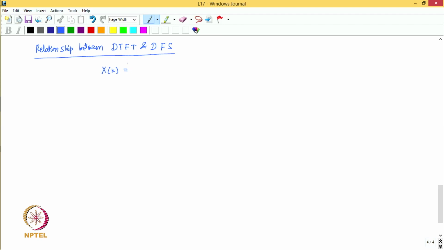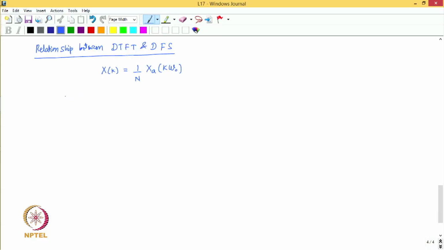This is based on the result that X(k) turns out to be equal to 1 by N times X_a(k omega naught). So if we take the samples of X_a at discrete frequencies k omega naught, where k varies from 0 to N minus 1, then all those samples taken from X_a and scaled by a factor of 1 by N effectively give us one period of the discrete Fourier series of the signal.